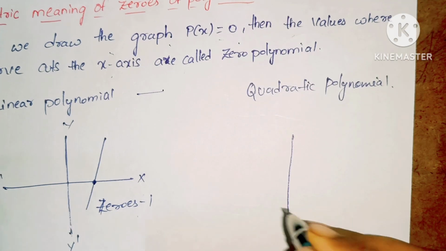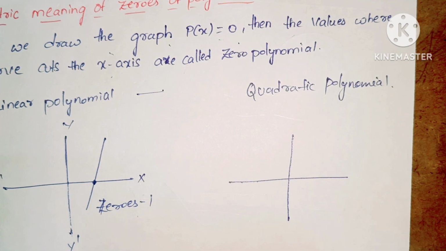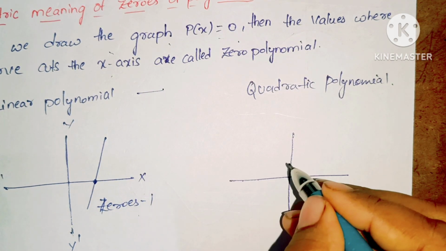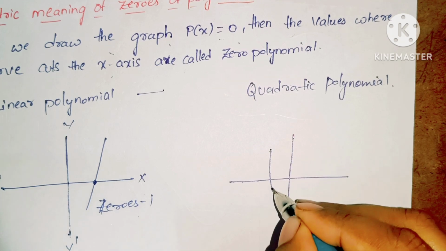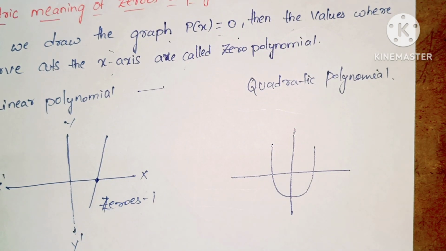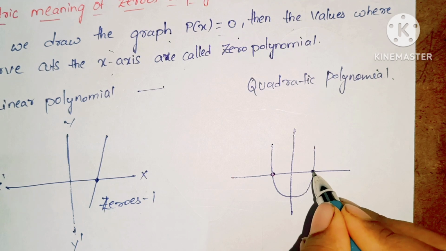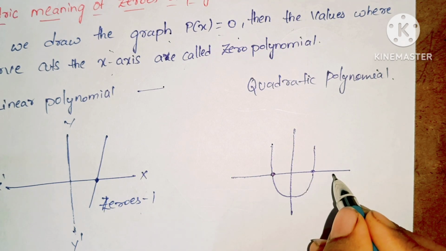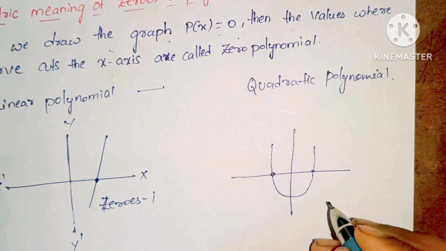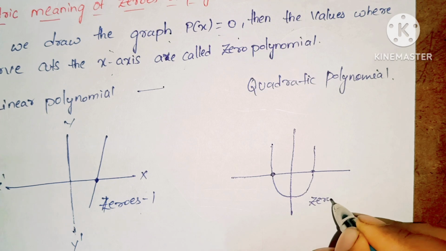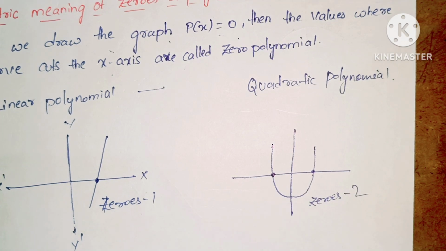For example, I took this one quadratic graph I will draw. For example, I am drawing here one parabola. Okay, so see here, at the 2 points of the x-axis it intersects. That means how many zeros, how many roots does it have? 2 zeros are there. Understood?